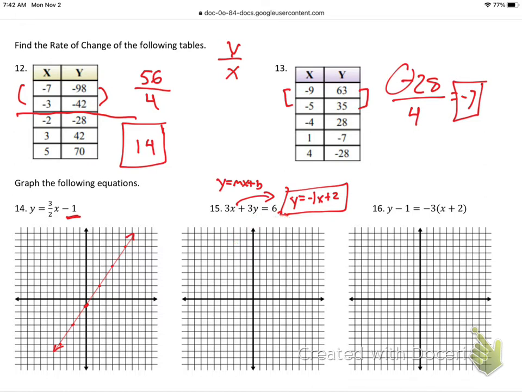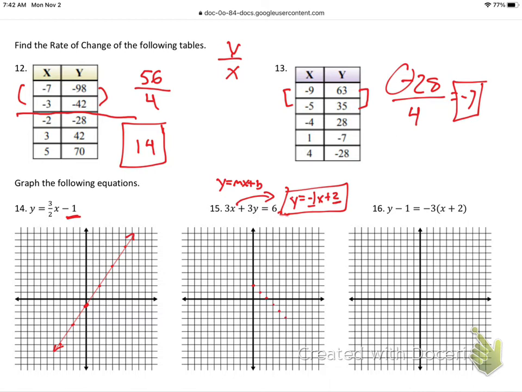So from here, I just graph this one, and my y-intercept is +2. My slope is negative, so it's going to be -1, down 1, and then to the right 1, because that's positive. So just like this.